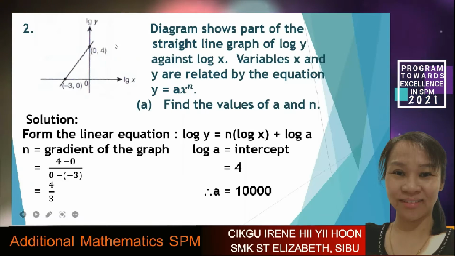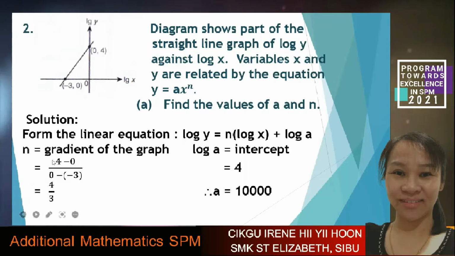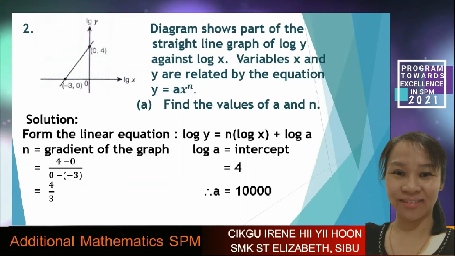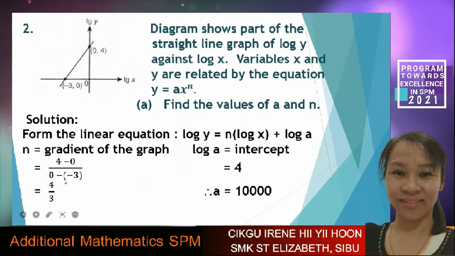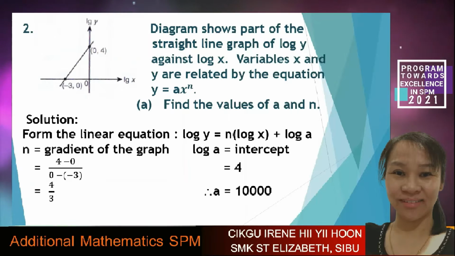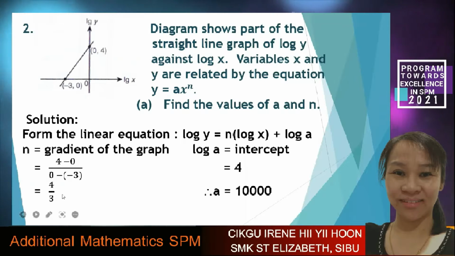By using the points provided in the graph and substituting into the formula of the gradient, we will find that 4 minus 0 over 0 minus negative 3. So the value of constant n is 4 over 3.